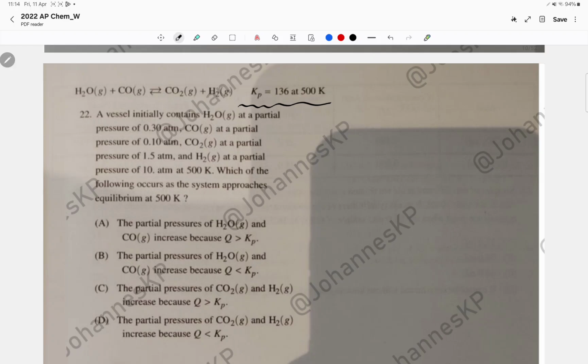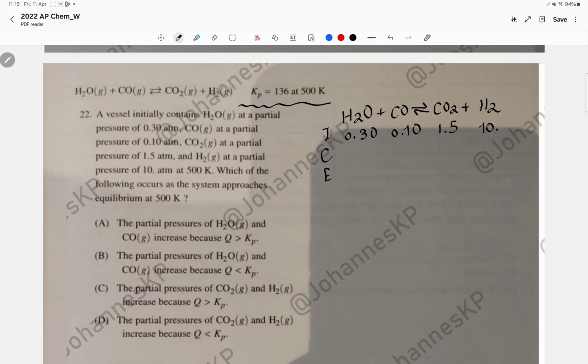Let's find Q. Let's write the equation out. So H2O plus CO giving you CO2 with H2. ICE, because we have K. We have H2O at 0.30, 0.10, 1.5, 10.